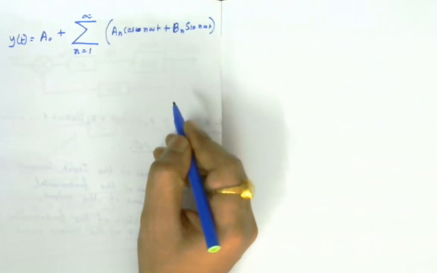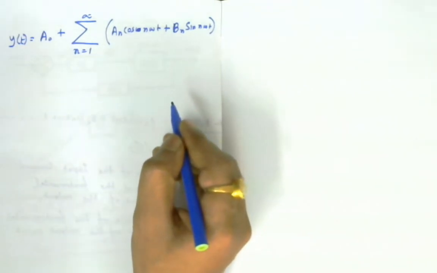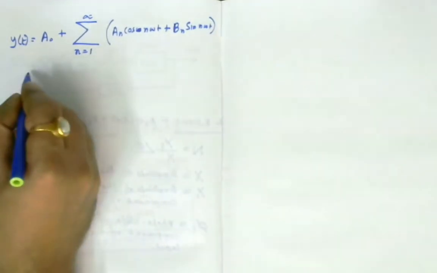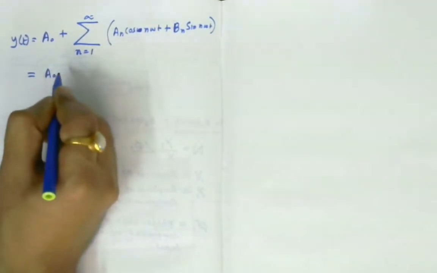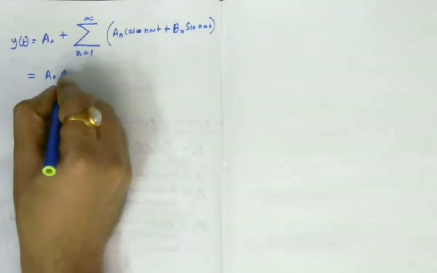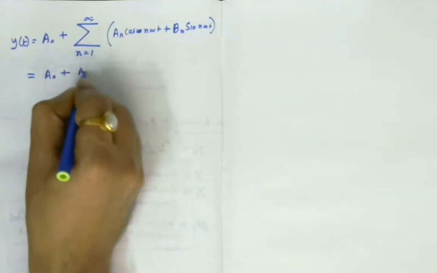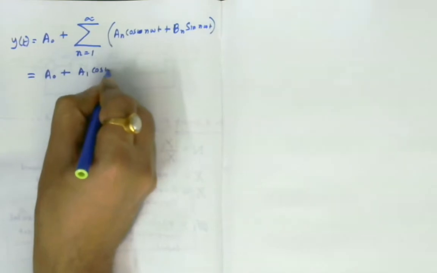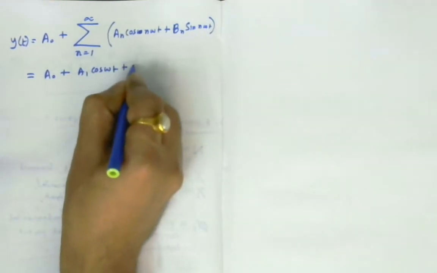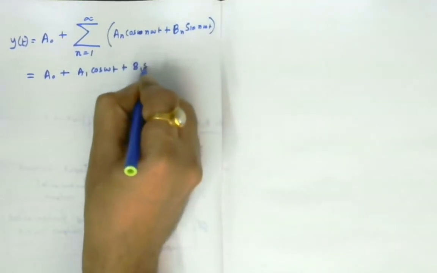Now according to the definition of describing function, we have to keep only the fundamental component. So keeping the DC component with the fundamental component, we have to keep only a1 cos omega t plus b1 sin omega t.